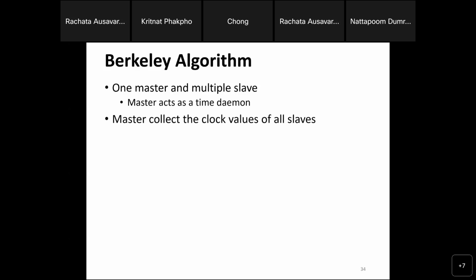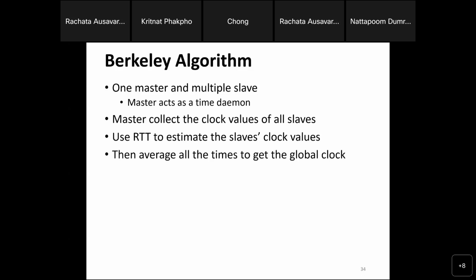That's good enough. Then I use RTT because I can ping a slave and say, hey, this server has some delay of 30 milliseconds. So I know RTT is 30 milliseconds, which means the time from the slave to me is that time plus or minus 15 milliseconds. Then I average all the times to get the global clock.